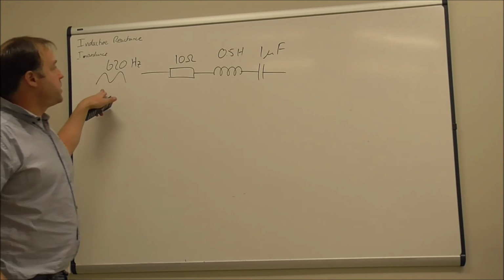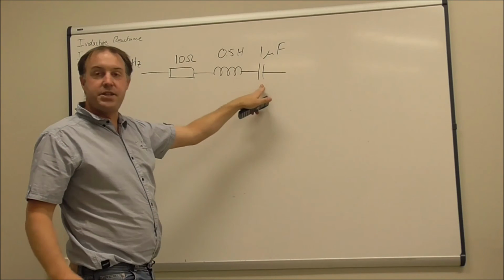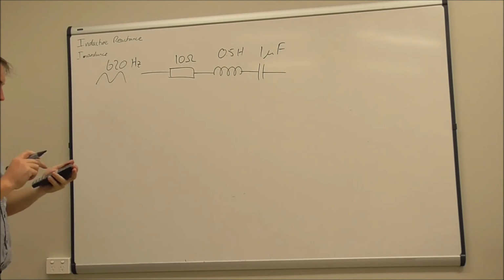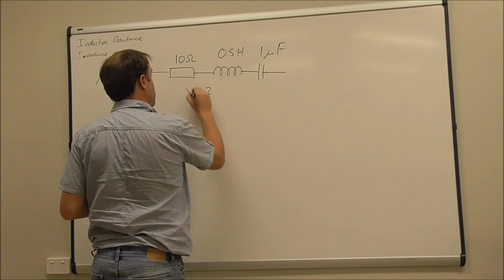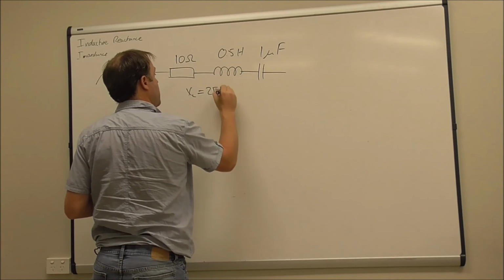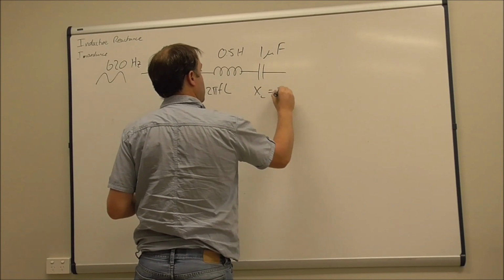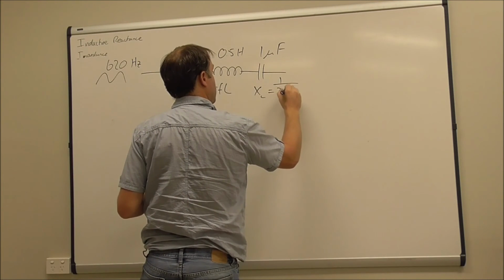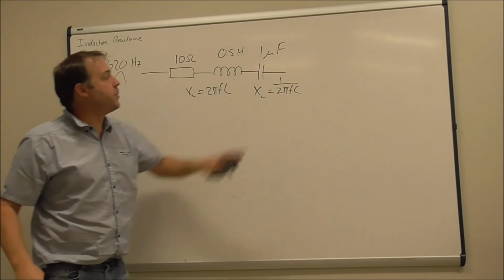So what we need to do is find the inductive reactance and the capacitive reactance. The inductive reactance is 2 times pi times FL, and the capacitive reactance is 1 over 2 pi FC.